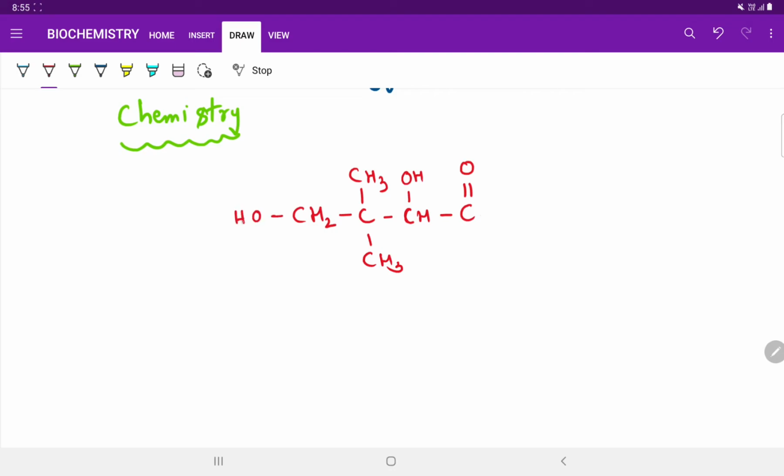Students, this is the structure of pantoic acid, whereas it is linked with the beta alanine molecule through a peptide linkage. You can see a peptide bond is being formed here.